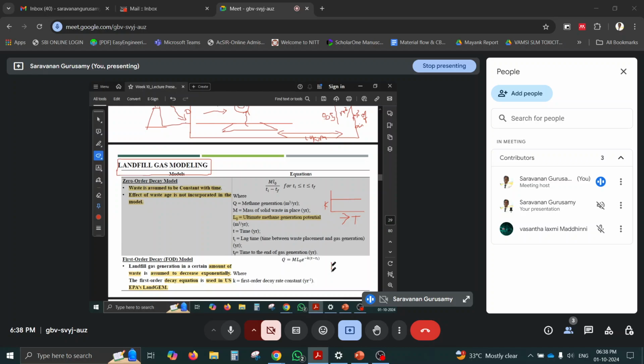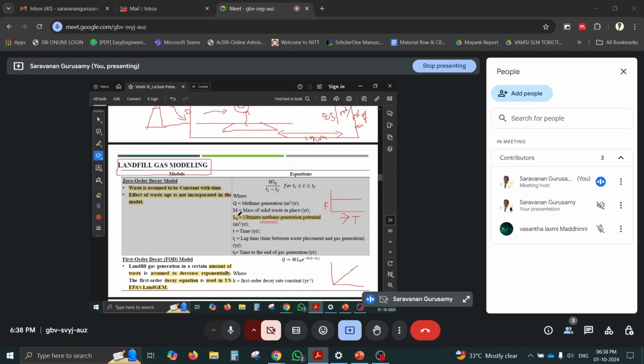If it is first order, the rate of decay will be linearly increasing. That's called first order decay. For landfill gas, every time we mention methane generation only, because methane constitutes about 60% of landfill gas.